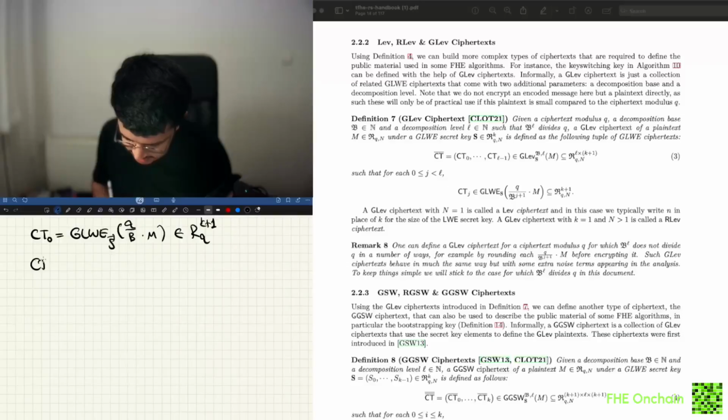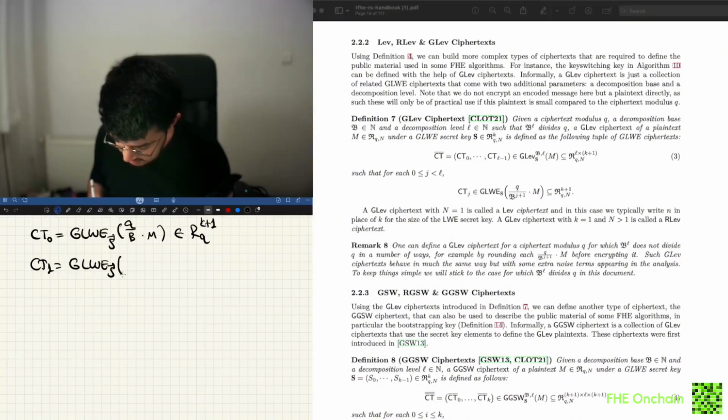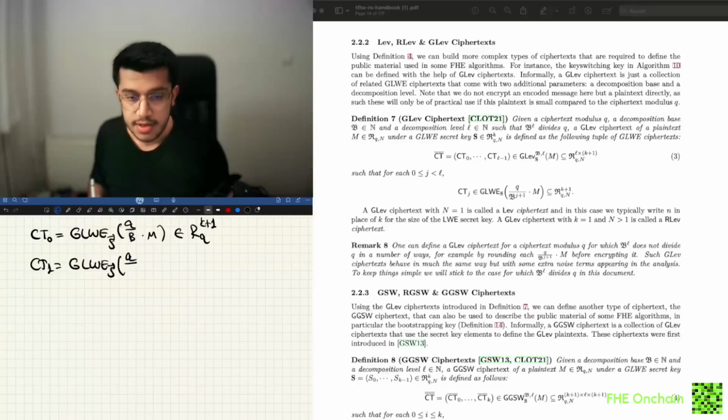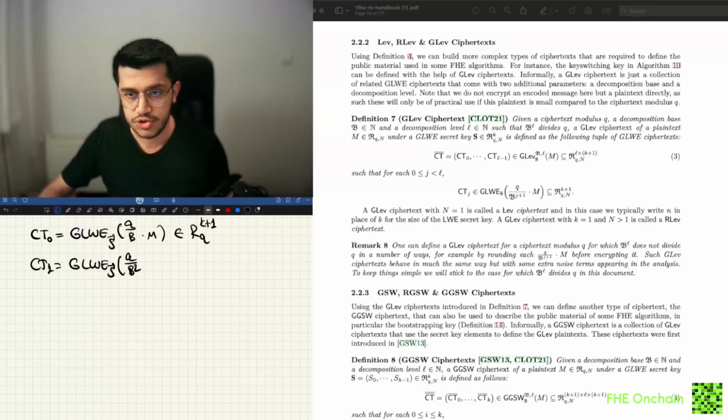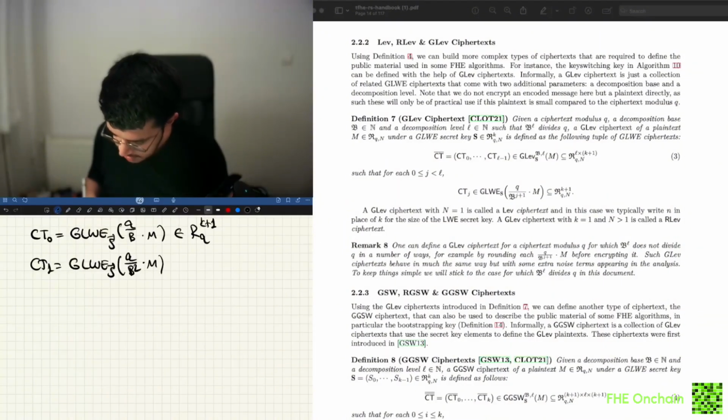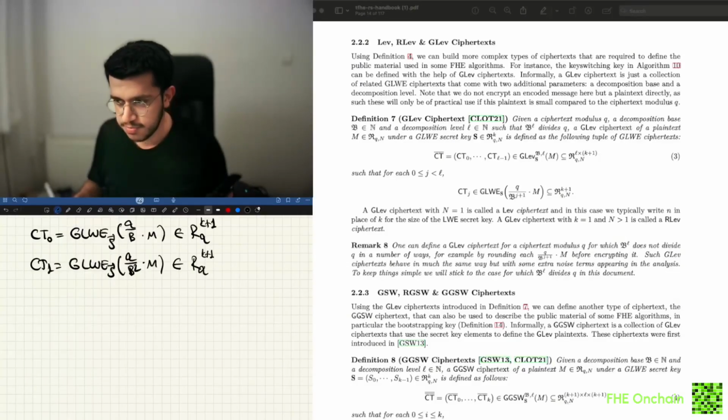Similarly, CT1, where J is 1, is equal to the GLWE encryption under the secret key S of Q over B squared times M, because 1 plus 1 is 2, and similarly this is also an element of the space of polynomial vectors, I'm not sure.